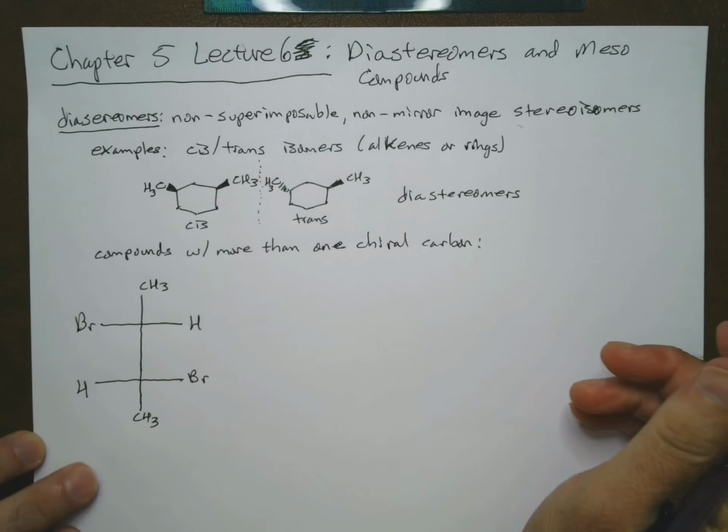I'll draw a sigma, a lowercase Greek letter, which represents a mirror plane or plane of symmetry. It's not inside the molecule, but I'm reflecting across the mirror plane to make my mirror image.